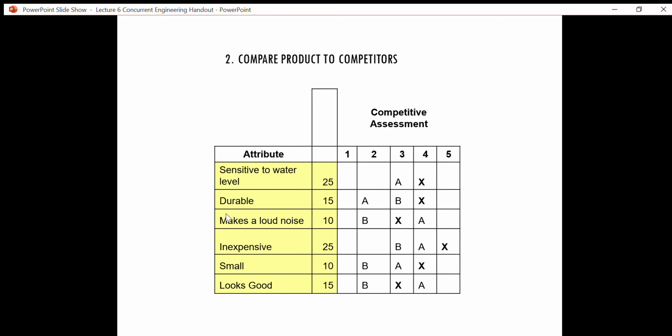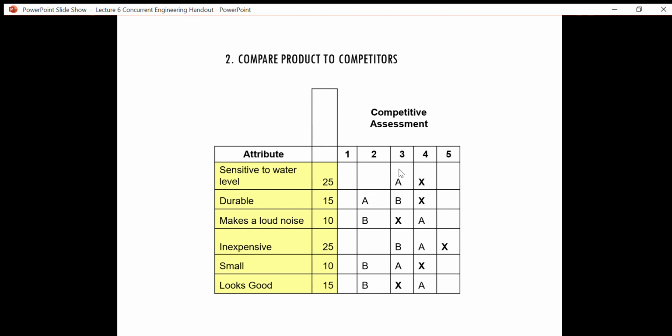For make a lot of noise, there is less priority, just 10 for the weightage. Company A is at level 4, but company B is at level 2. So we target in between, not so high but not so low, in the middle.